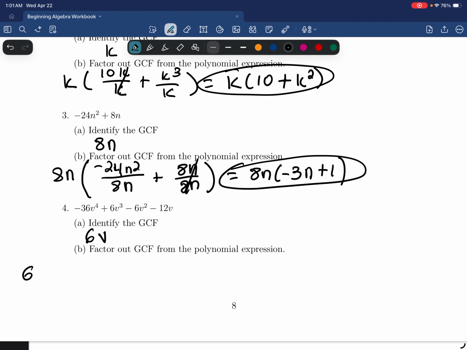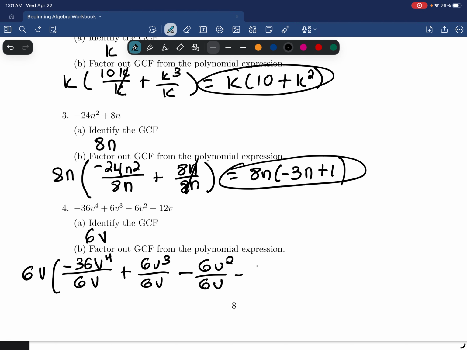I'm going to write 6v out in front, and then we divide all 4 terms by 6v. So we have negative 36v to the 4th divided by 6v, plus 6v cubed divided by 6v, minus 6v squared divided by 6v, minus 12v divided by 6v.